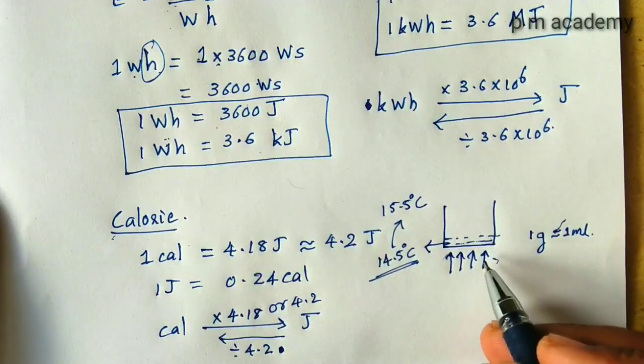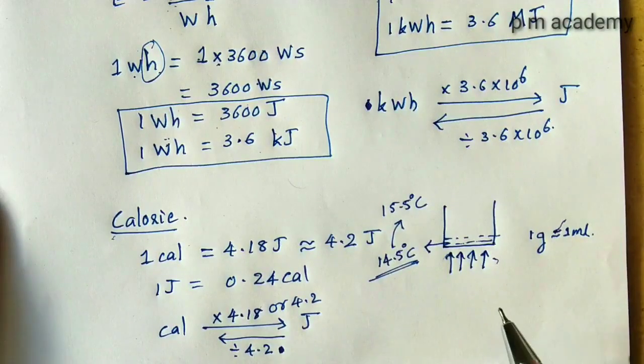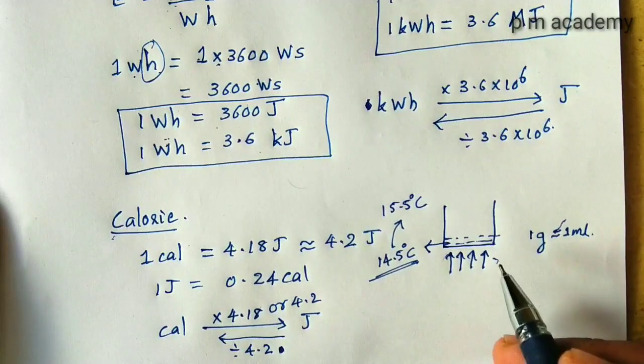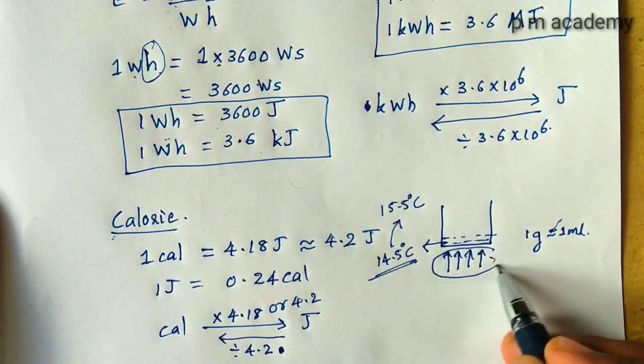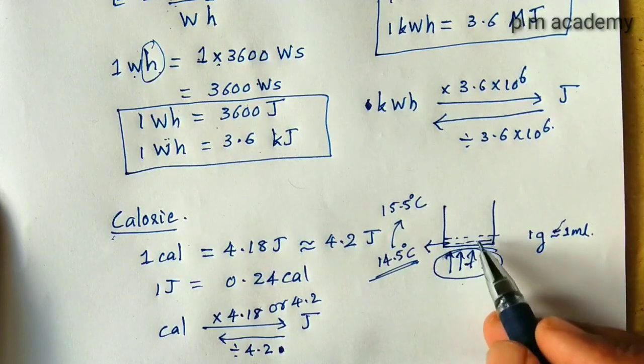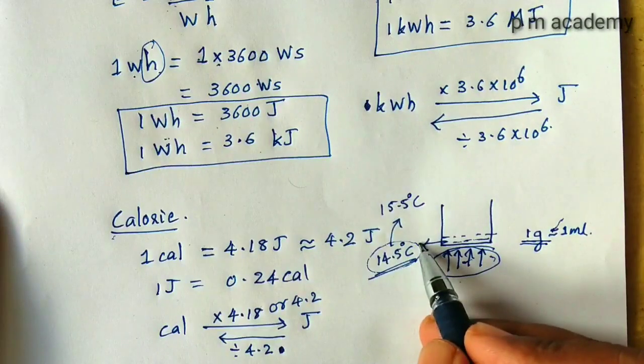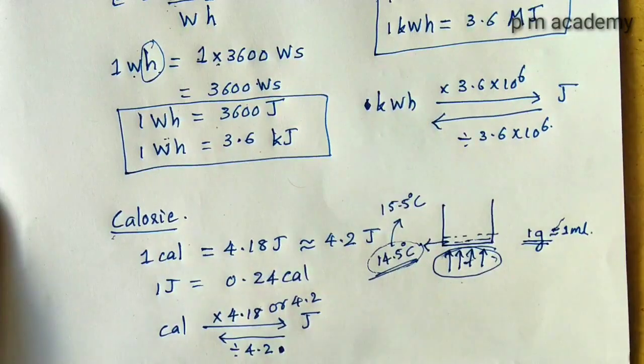That energy is known as 1 calorie. Therefore, 1 calorie is defined as the heat energy required to raise the temperature of 1 gram of water from 14.5 degrees Celsius to 15.5 degrees Celsius.